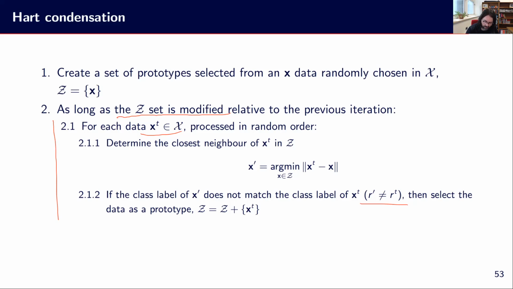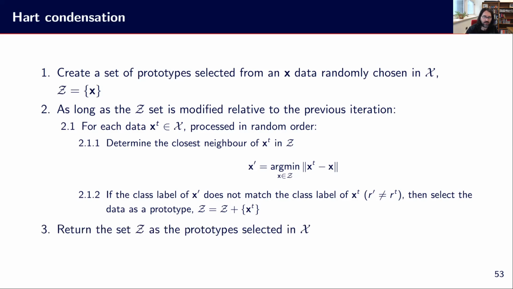We have our subset Z built with all the samples required to achieve perfect classification without having extra samples that are already well classified with this subset. So Z is the prototypes selected in X.